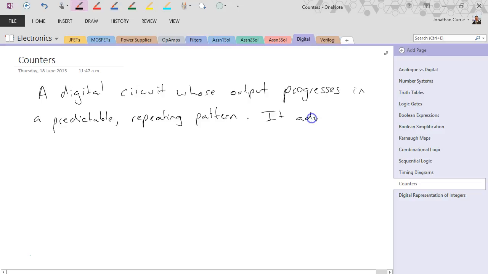It advances one state or one count for each clock pulse, normally.